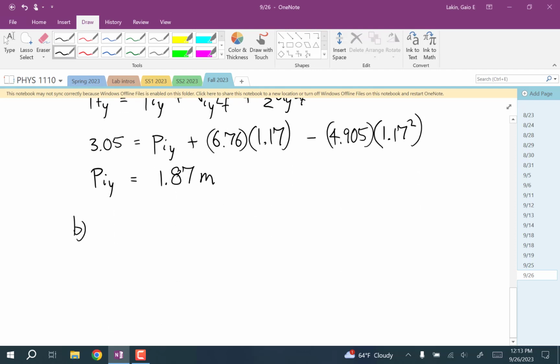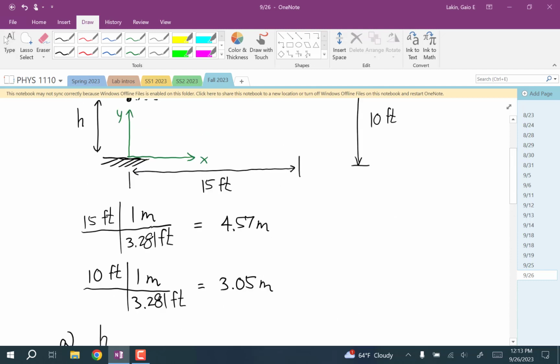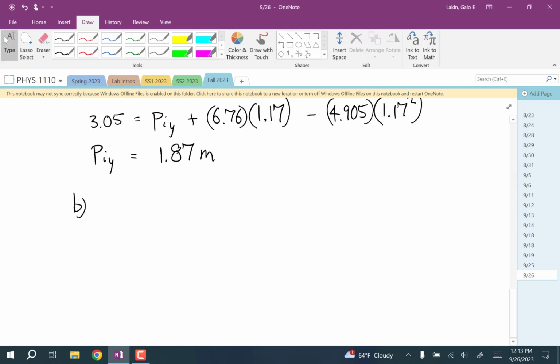And then for the second part, we need to figure out the displacement vector, which is equal to a final position vector minus an initial position vector.